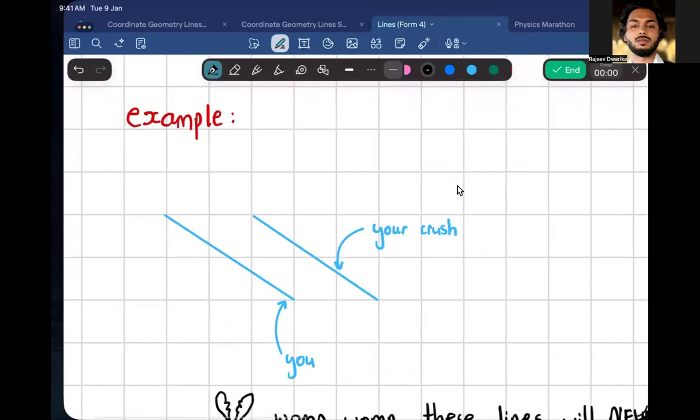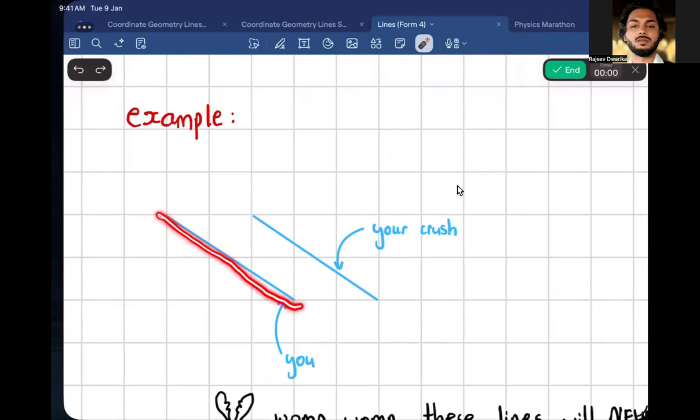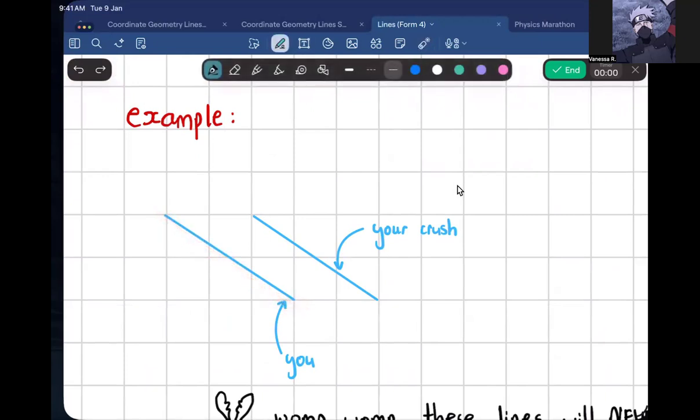And if the gradient of this is, wait, is this a positive gradient or a negative gradient? Negative, correct. So let me show you what's going on. Let me call this line one.